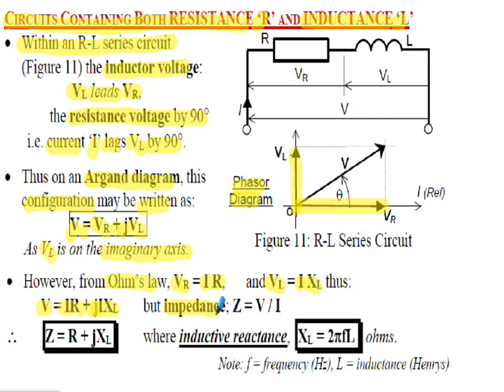Noting that impedance, given the symbol Z here, is V divided by I, we can divide this equation throughout by I and write Z for impedance on the left hand side is equal to R plus jXL. So that's dividing throughout by the current I. Inductive reactance XL is defined as 2 pi FL ohms, where F is the frequency and L is the inductance.